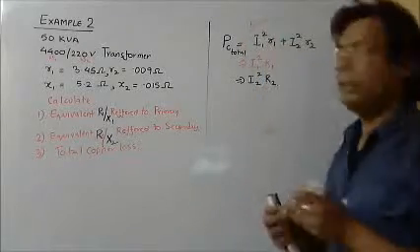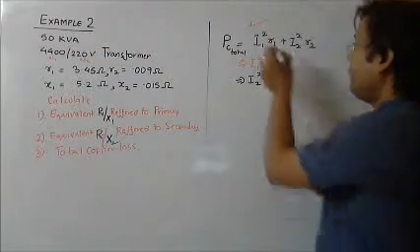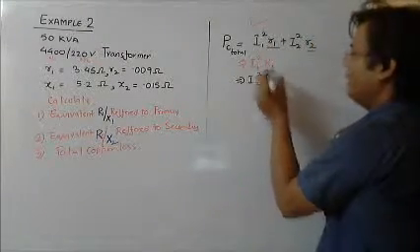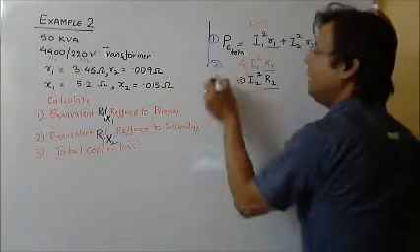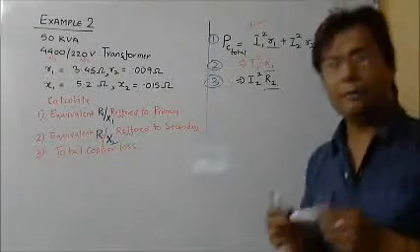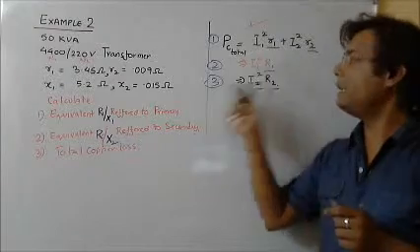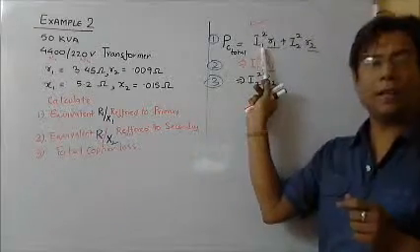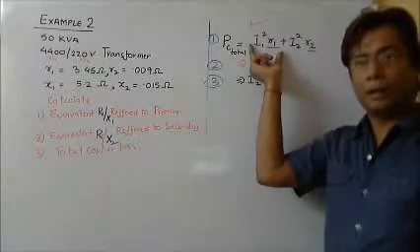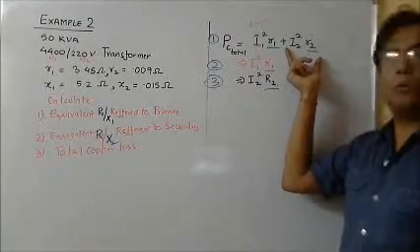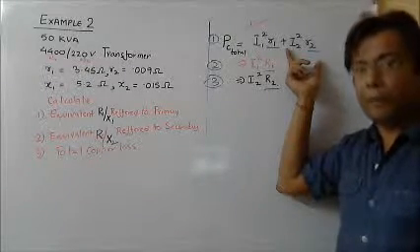This is the normal one which we have used. See, there is a difference between this R1 and this R1 and R2. This is the first formula, this is the second formula, this is the third formula. There is a very slight difference between all these formulas. Here, since I am using the primary resistance, I will be using the primary current, and this will give the primary copper loss, and I2 square R2 will give me the secondary copper loss.